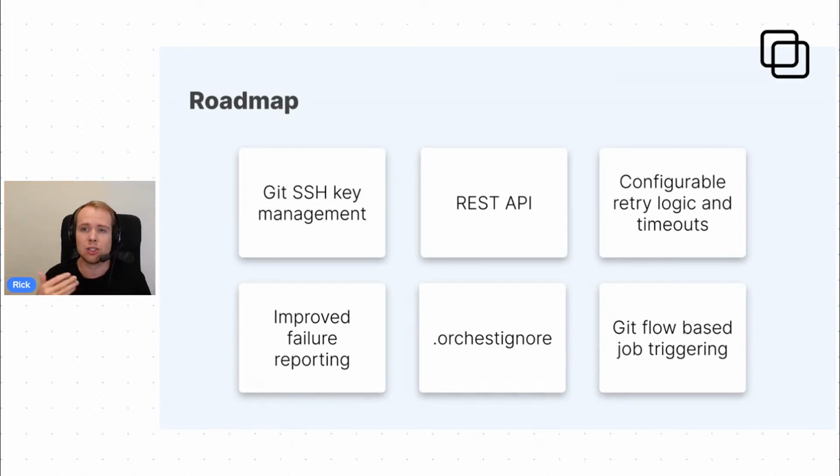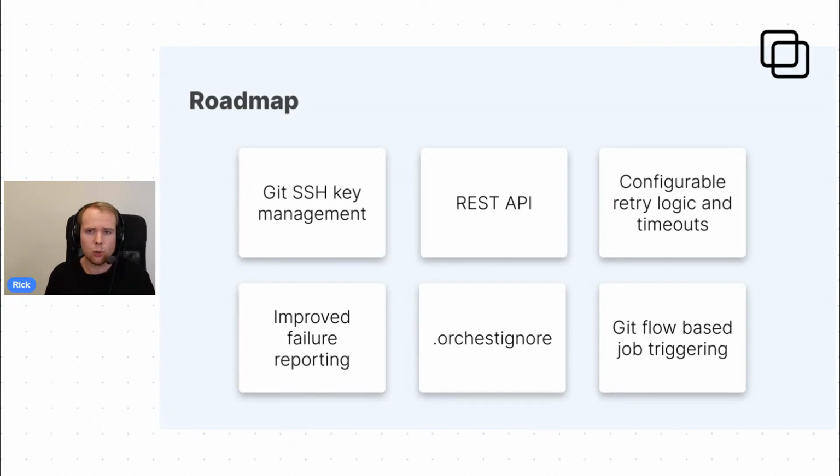So you want it to retry on failure up to a certain number of times, and maybe you want to mix that retry logic with a certain timeout. So we're expanding the expressive capabilities and making the retry logic and the timeout logic more configurable for you to be able to build more robust pipelines that work exactly the way you want as they interact with your other systems in your data stack.